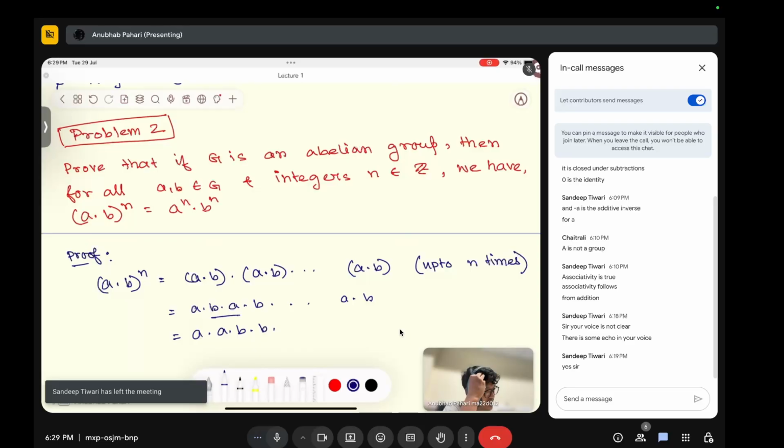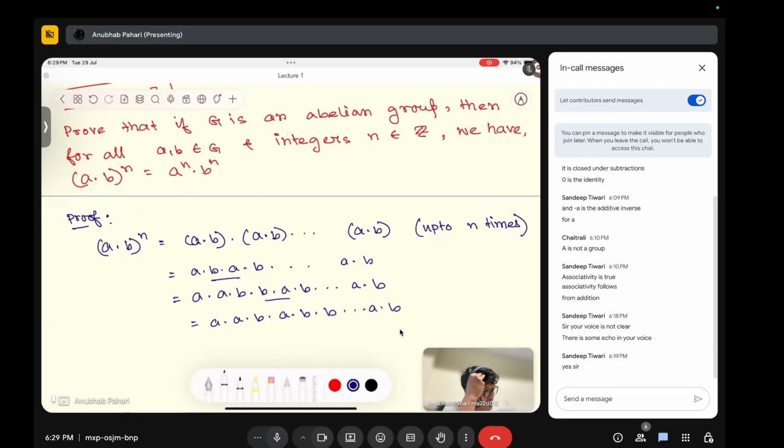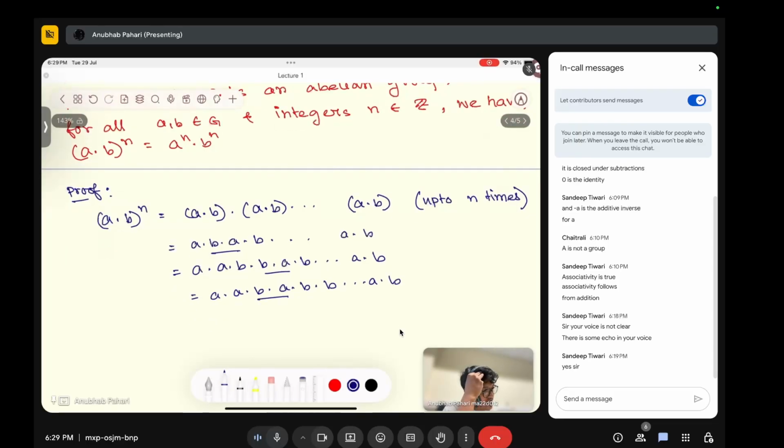Again, you can change this part, write it as a dot b dot a dot b. Again, you can change this part. It should be a dot a.